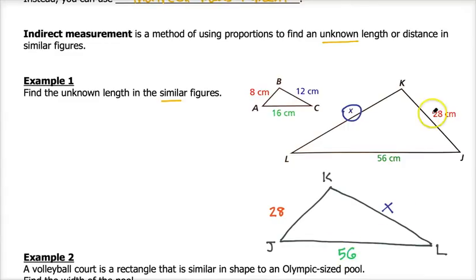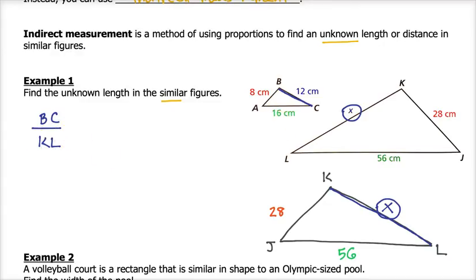So now it's pretty easy to see that this side from K to L is corresponding to this side from B to C. And so I can write a ratio comparing the side BC to the side KL because they're corresponding sides.